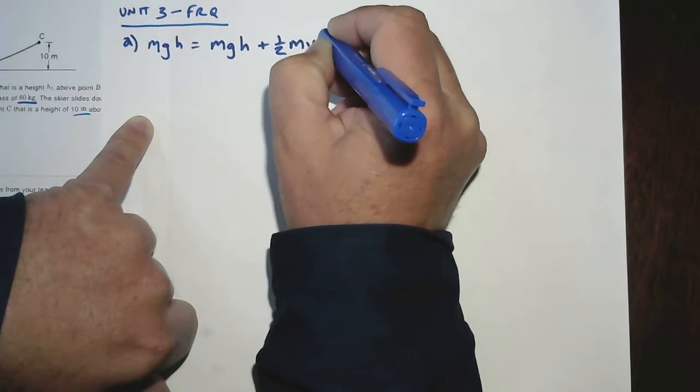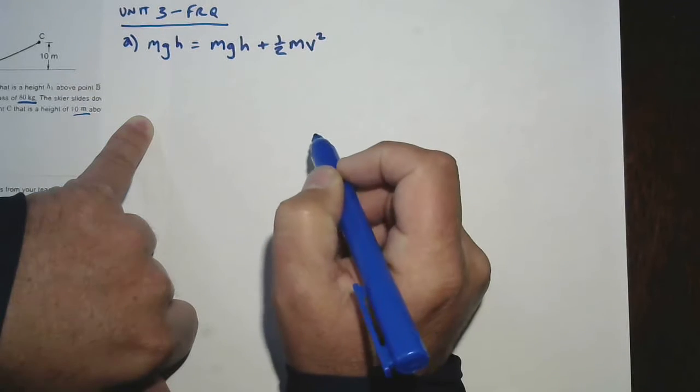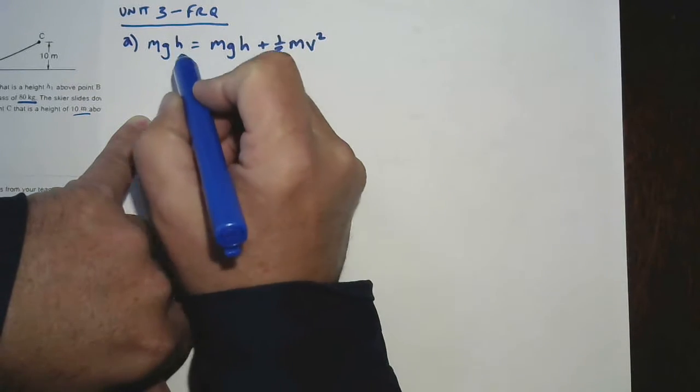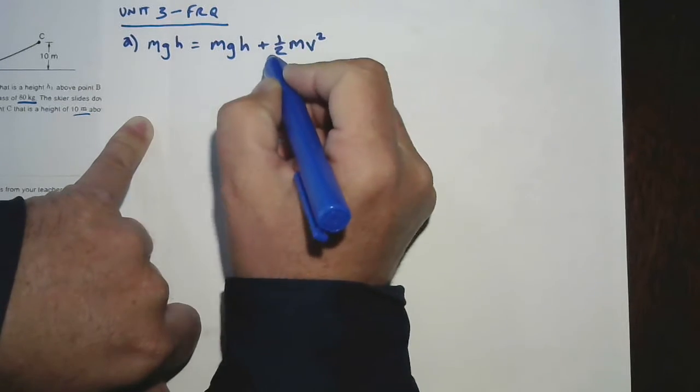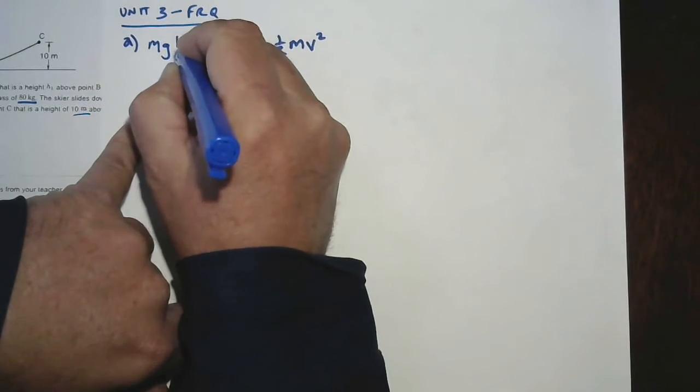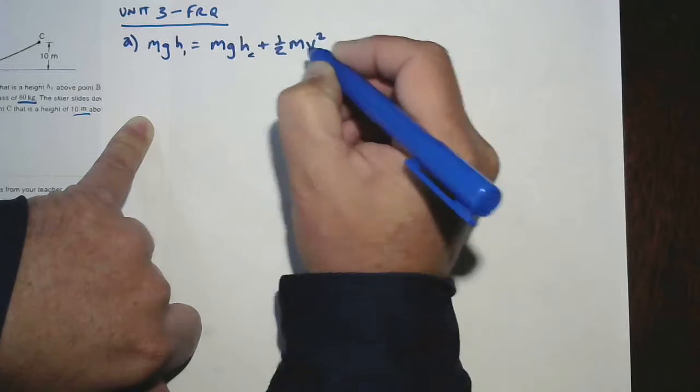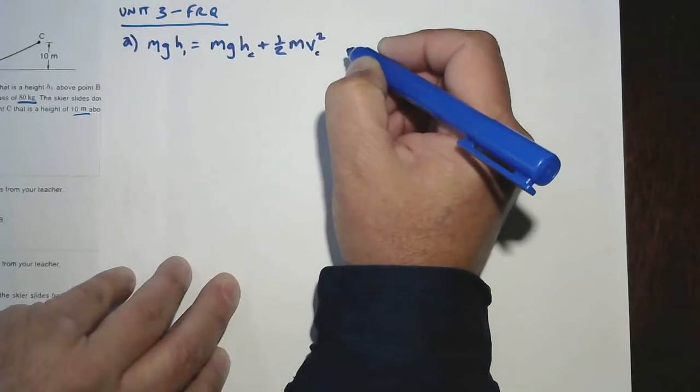Now, if you wanted to be more careful, you may want to write out U equals U plus K, but I think a grader will definitely see this. But this is h1, and this is the height at point C, and this is the velocity at point C.